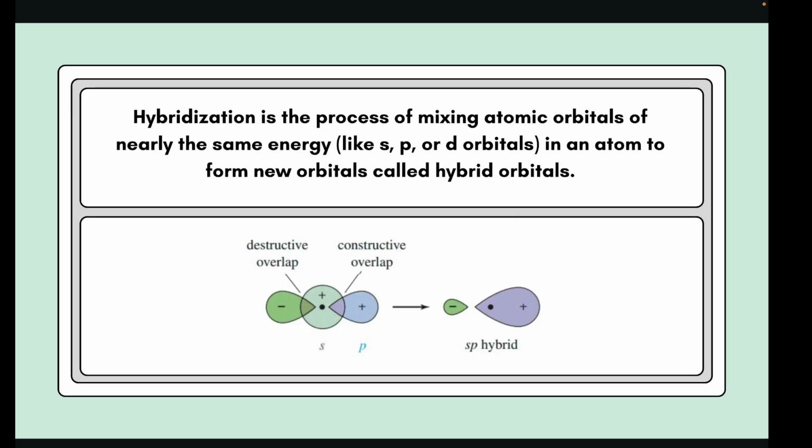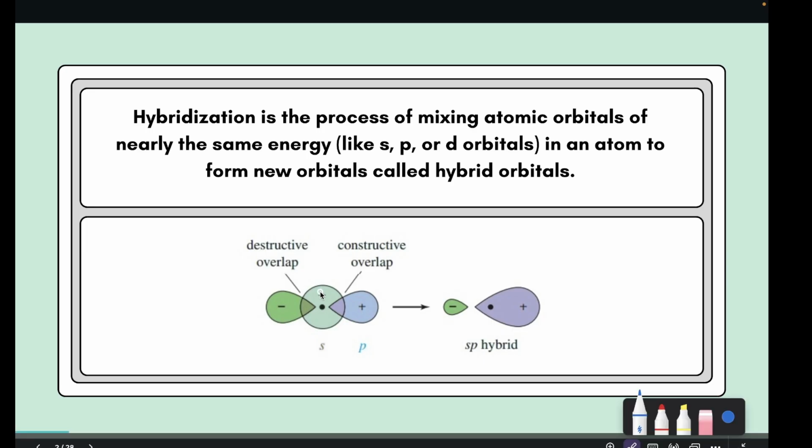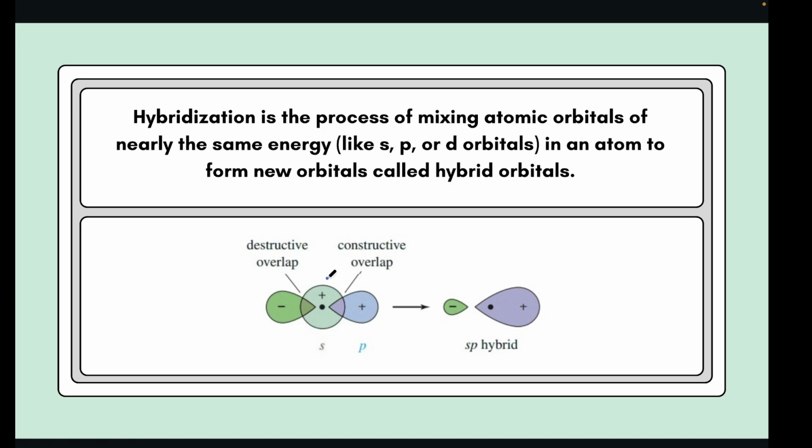So we can say that hybridization is a process of mixing atomic orbitals of nearly the same energy in an atom to form new orbitals called hybrid orbitals. So here you can see one s orbital, which is spherical in shape, mixed with a p orbital to form an sp hybrid orbital.